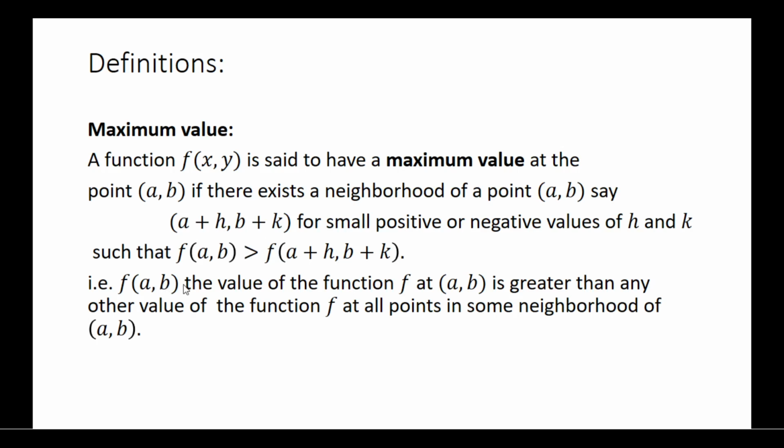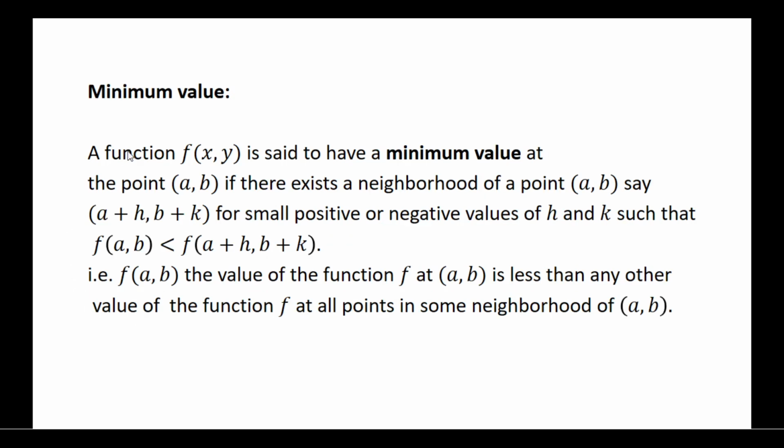That is, the value of the function f at a comma b is greater than any other value of the function f at all the points in some neighborhood of a comma b.